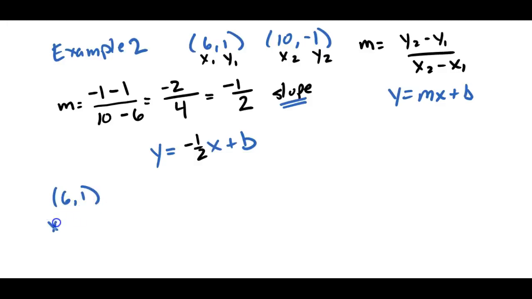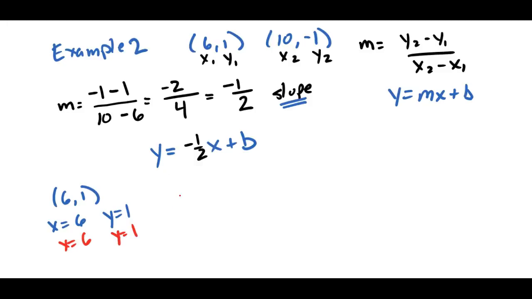So that means x equals 6, y is equal to 1, and I'm going to substitute these 2 values into the equation. So maybe I will use red to represent, so we'll say x is equal to 6, y is equal to 1.